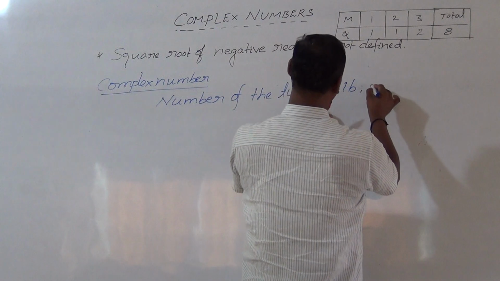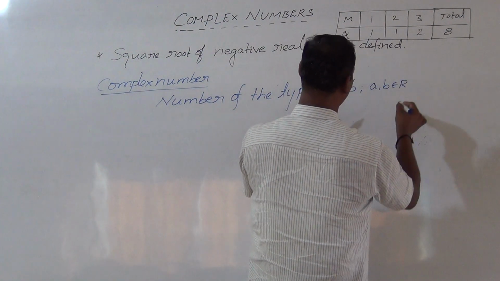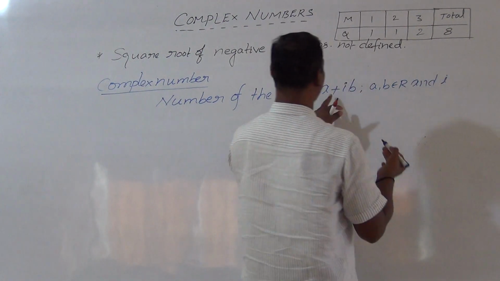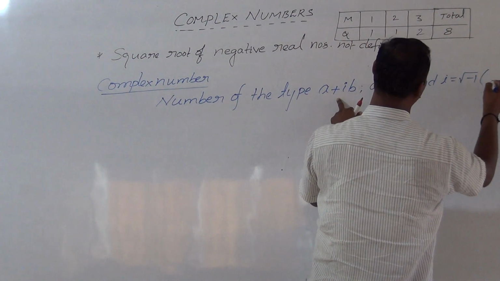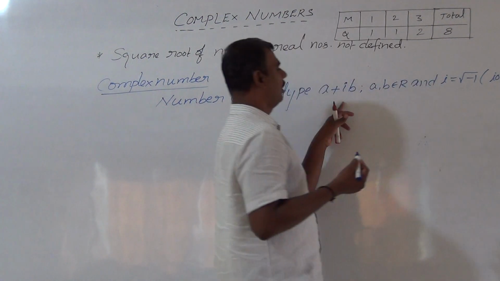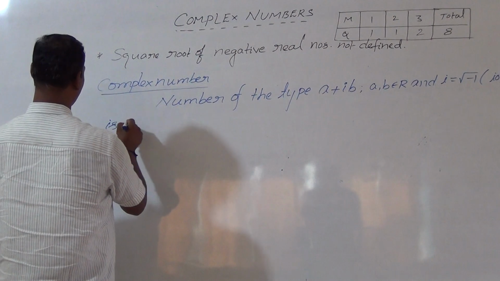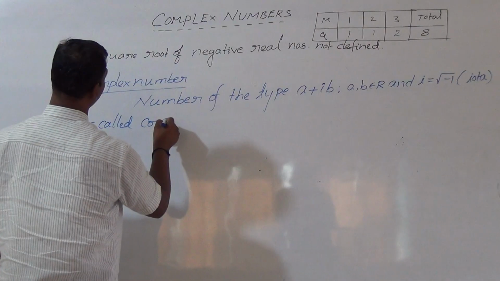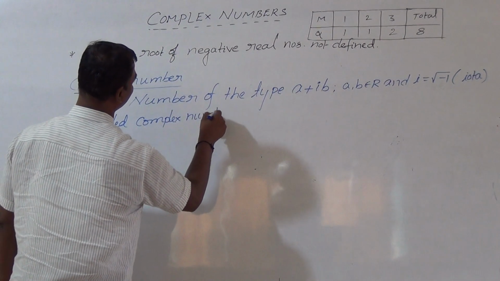Here remember a, b are real numbers and i is equal to square root of minus 1. It is called iota. Such numbers are called complex numbers.